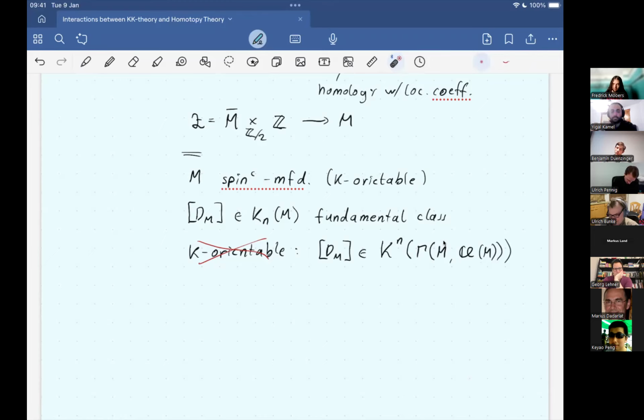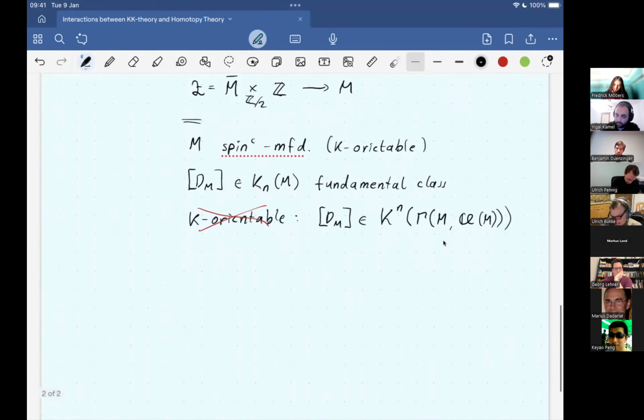And okay, so this is the K homology of this algebra. This is the K homology of this space. I'm sorry about the indexing. That's just history. So this is like K homology with local coefficients, if you like.